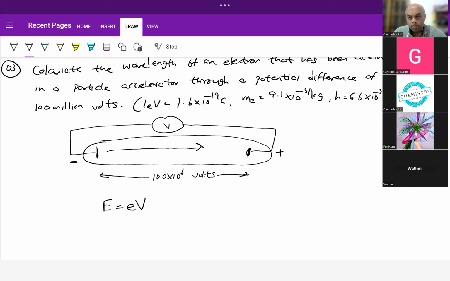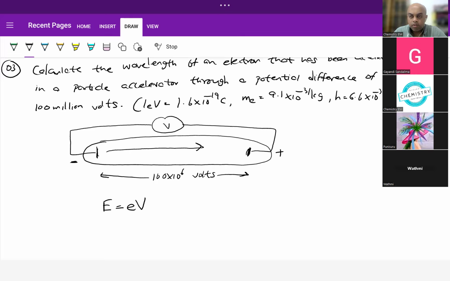And mainly this energy will be converted into kinetic energy, because the electron is accelerating and gaining velocity.